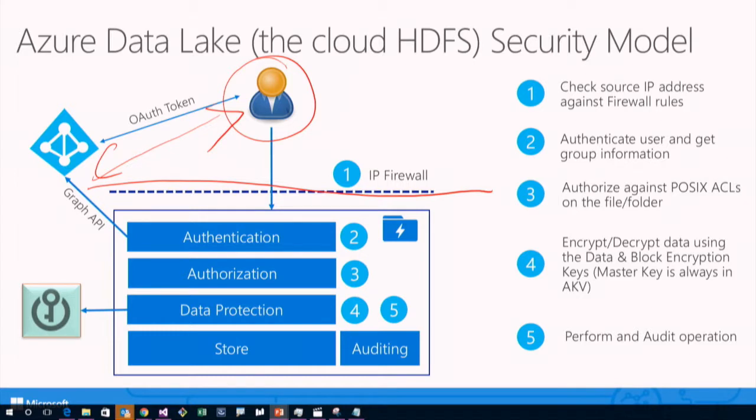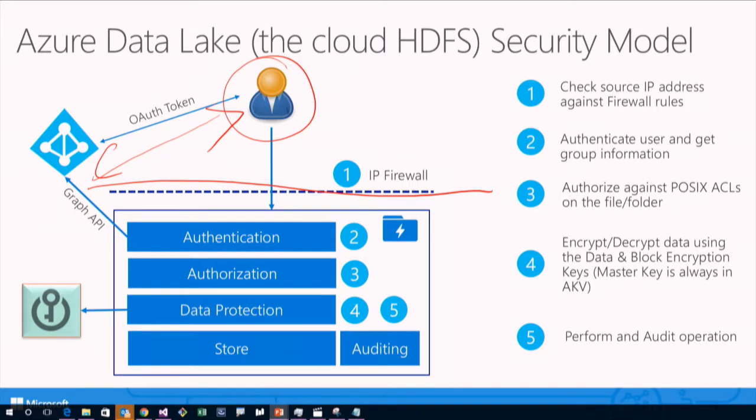Now, that is important because that is what is going to govern the authorization phase as part of the steps. Now, in the authorization phase, we compare the security information that we have as part of the OAuth token. Remember, this is still OAuth. I'm sure all of you understand that we will get to the compute layers and talk about the other mechanisms.